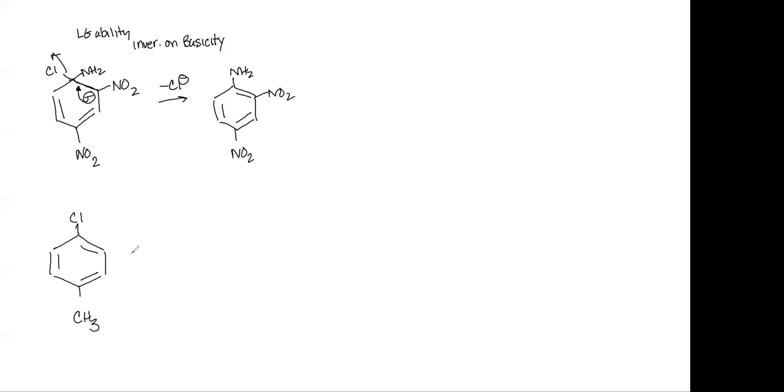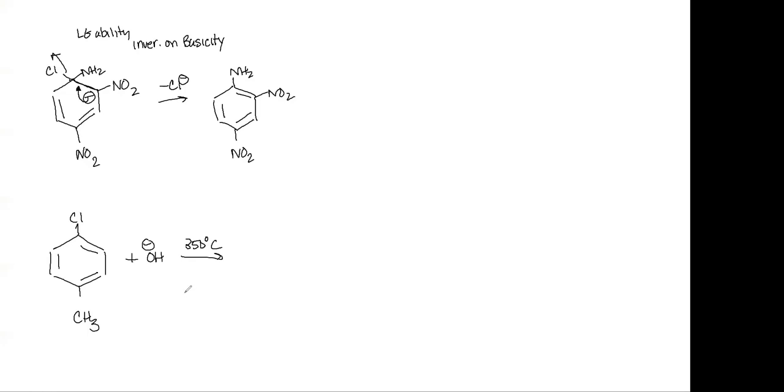So if I was to react this with something like hydroxide, number one, it's going to take about 350 degrees of heat. So I'm going to really have to push this reaction because it's now not activated anymore.